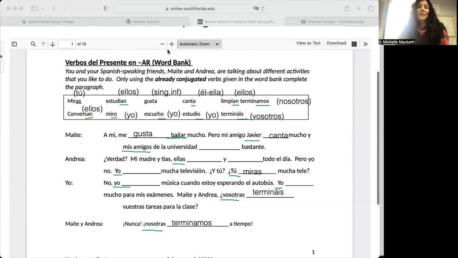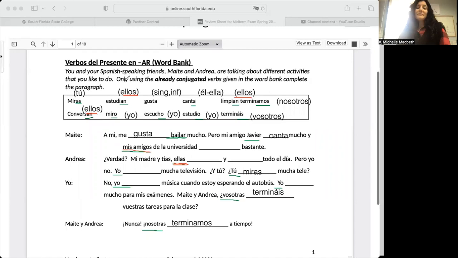Let's put those in red so we can see what we're looking at. So we have mis amigos, that's an ellos. We have ellas, that's one. And ellas has 2 blanks, okay? So how many do we have? We have 1, 2, and 3, okay?